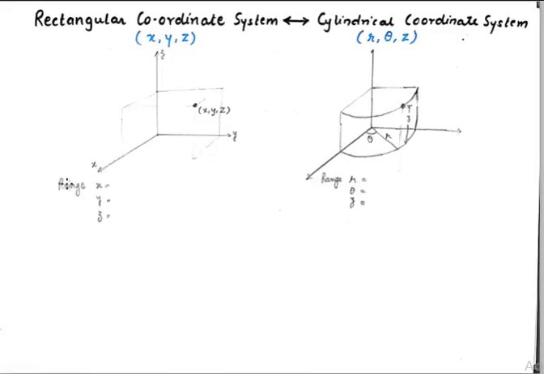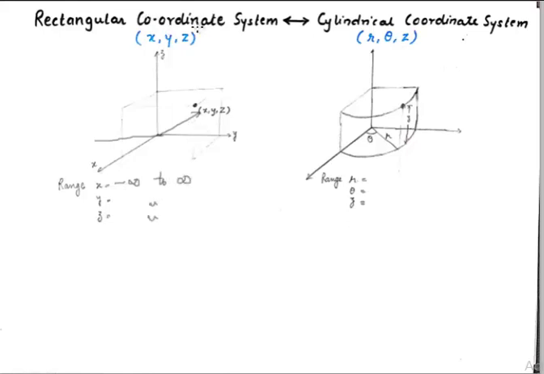Another important thing to understand is the ranges of the coordinates. So if we talk about the range of x, x could take a value anywhere between positive infinity to minus infinity. If you extend x in the other direction, you can take x to minus infinity, and similarly y will also get a value from minus infinity to infinity.